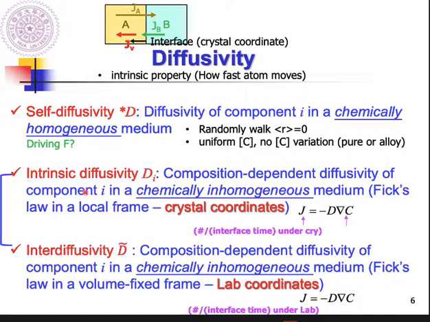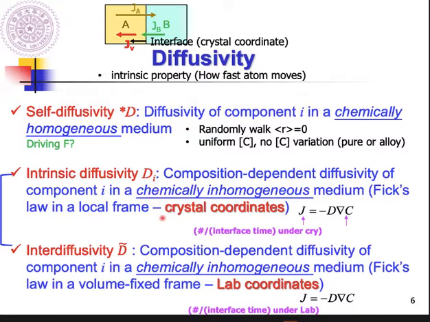If your system is an inhomogeneous material, that means there is a concentration variation along your sample, for example a diffusion couple. Then we can use either the intrinsic diffusivity, D, or the interdiffusivity to describe how fast the diffusing atom moves in your materials. The difference between these diffusivities is the observation coordinate.